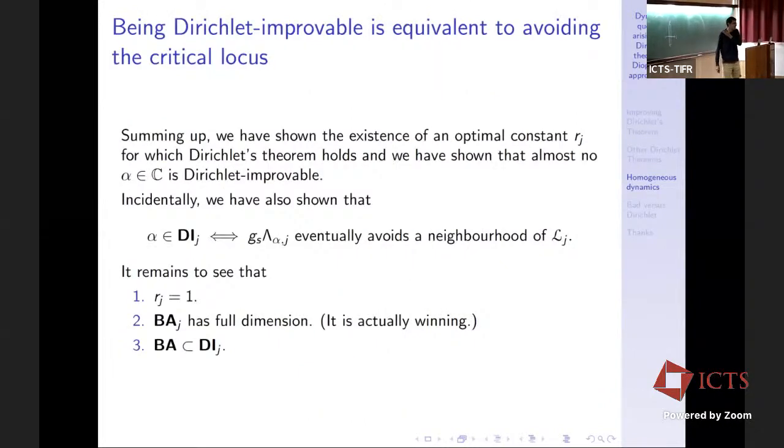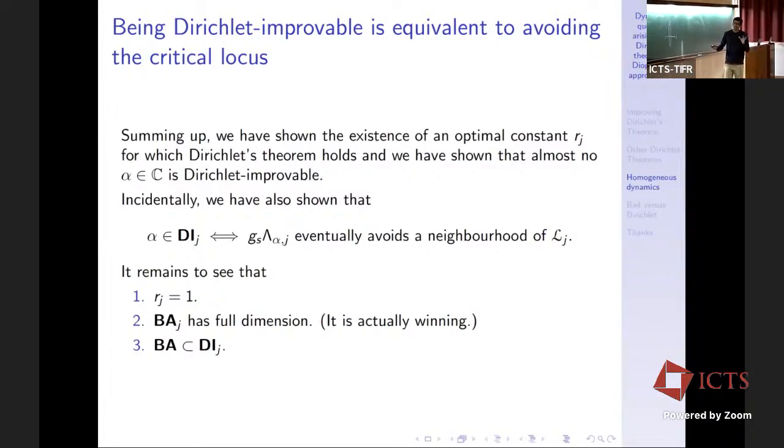But there are still some things left to show in this theorem. So, summing up, we've shown the existence of an optimal constant Rj, or Rj squared, for which Dirichlet's theorem holds, and we've shown that if you redefine Dirichlet improvable with this constant, almost no alpha is Dirichlet improvable.